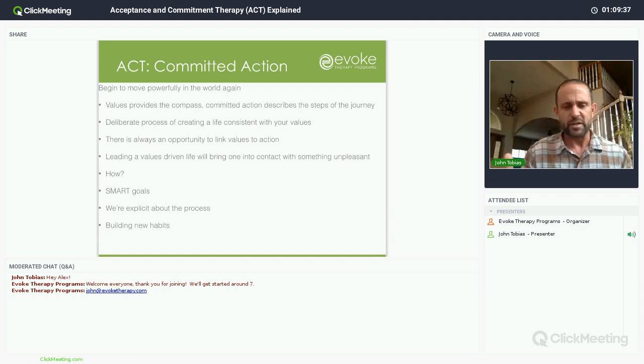values. So I have a cheat sheet that identifies and describes 12 common human values, and I'll give that to them to read, and they're welcome to choose off that sheet if they want, but they're also welcome to come up with their own.